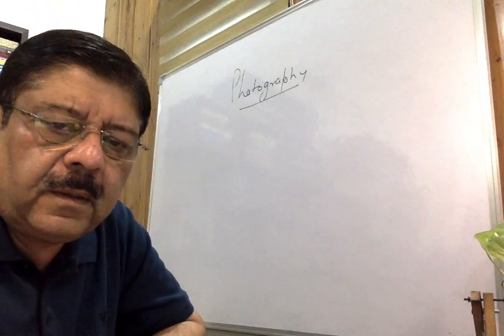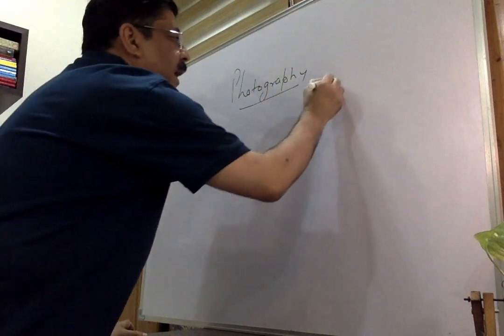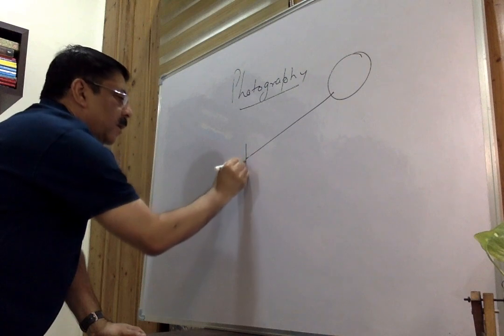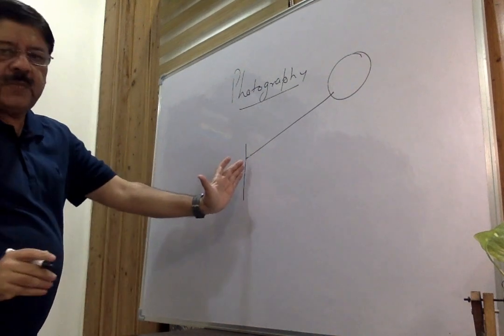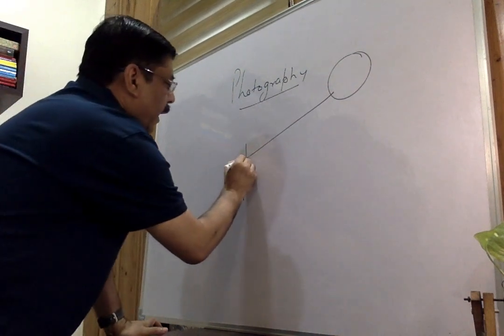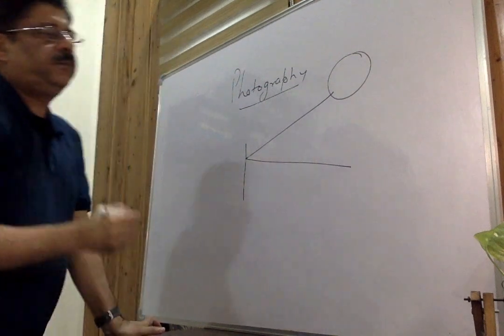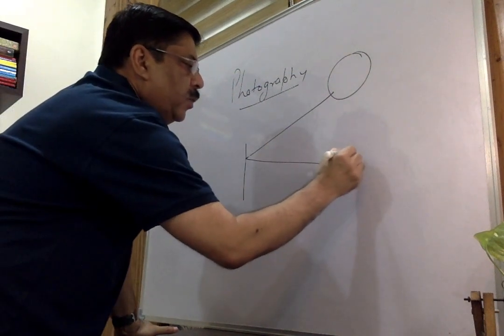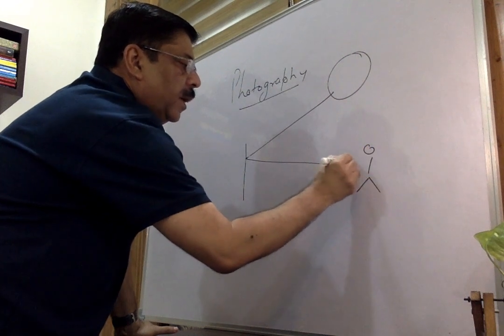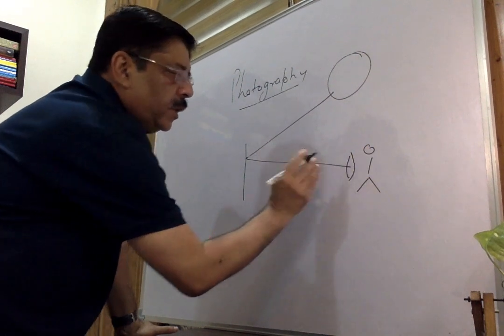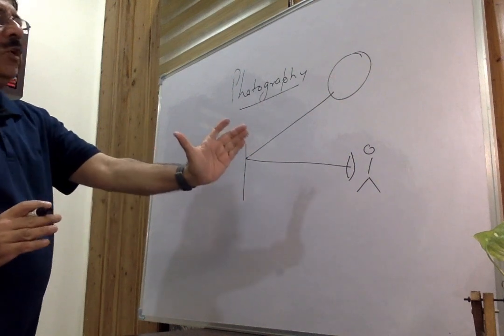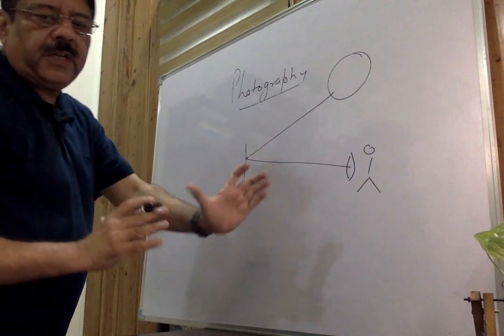Through reflection of light, of sunlight. Suppose it is the sun. Light is falling on this object, and it is reflected back at an angle. It comes into your eye and it makes an image on your retina.